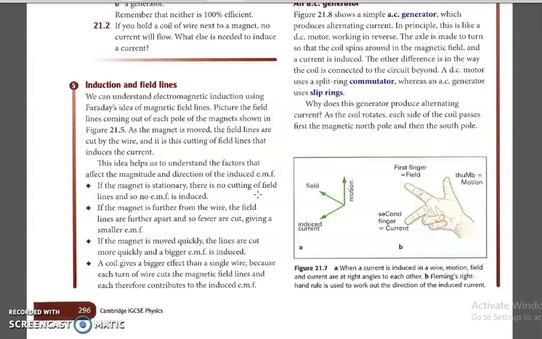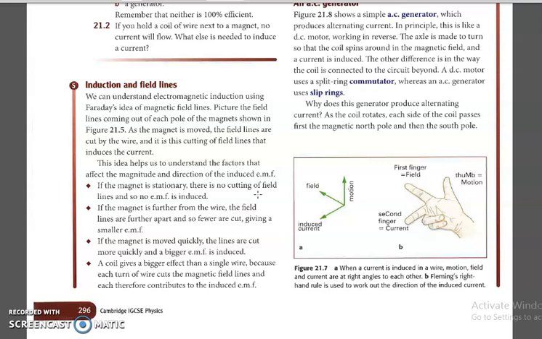The third point we have already discussed: if the magnet is moving more quickly, the lines are cut more quickly, and a bigger EMF is induced. The fourth point: a coil gives a bigger effect than a single wire. A single wire has only a few magnetic field lines.